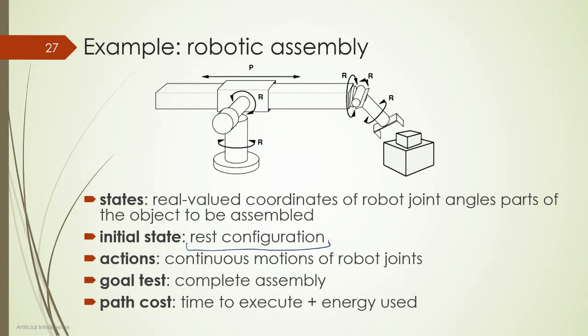The action is continuous motion of the robot joints. The goal is a complete assembly, completing the movement from the beginning to the end, and the path cost is the time to execute plus the energy used, and probably some other constraints we have in robotics. This is an example.